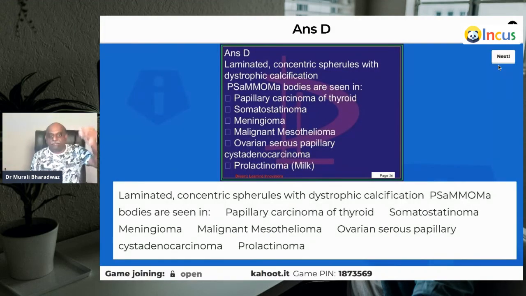So doctor, laminated concentric spherules with dystrophic calcification, psammoma bodies, papillary carcinoma of the thyroid, somatostatinoma, meningioma, malignant mesothelioma, ovarian serous papillary cystadenocarcinoma, and prolactinoma. It is the one which is implicated in all these things, is what you need to remember.